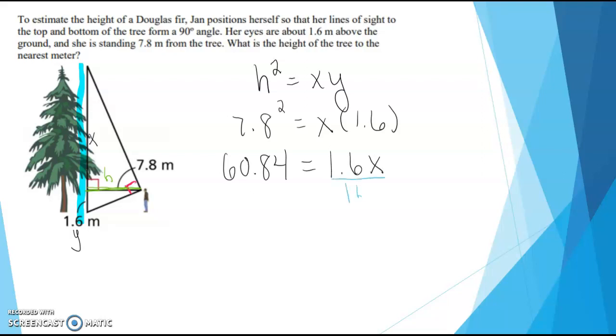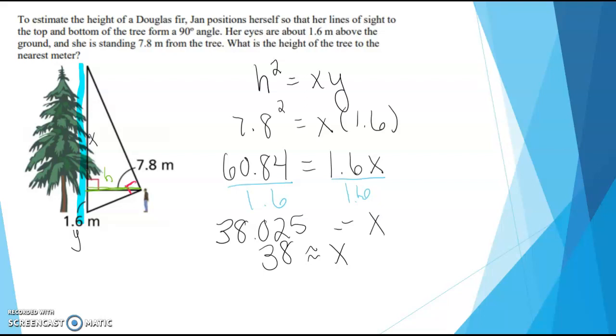To find x, I will divide by 1.6. And I get x equals 38.025, which I'm just going to round to 38.